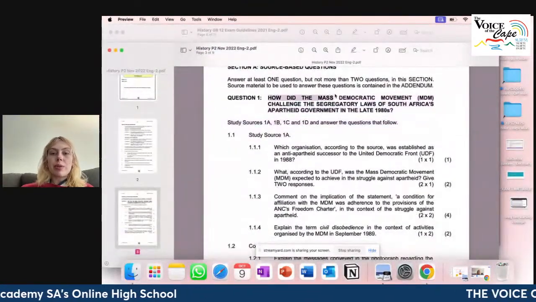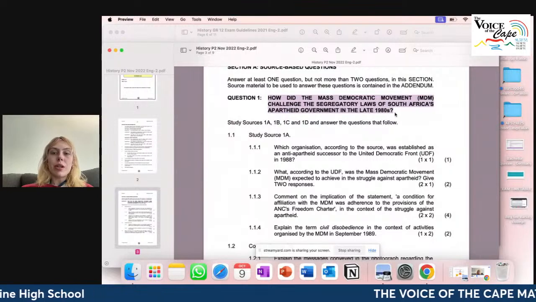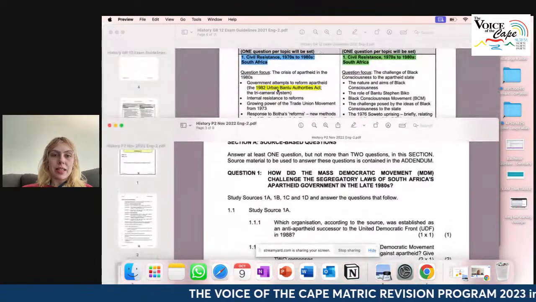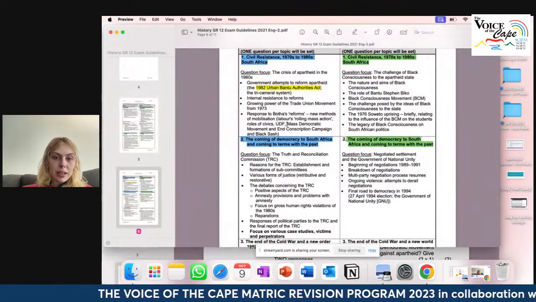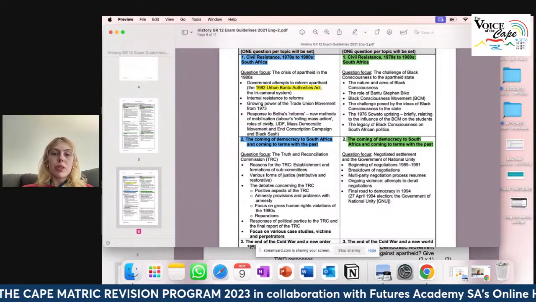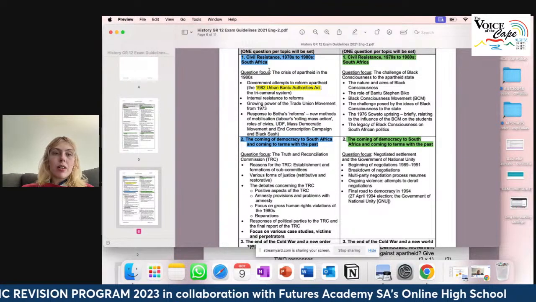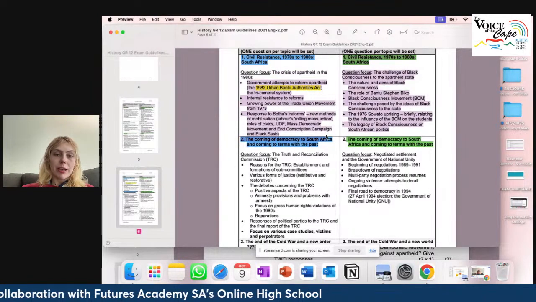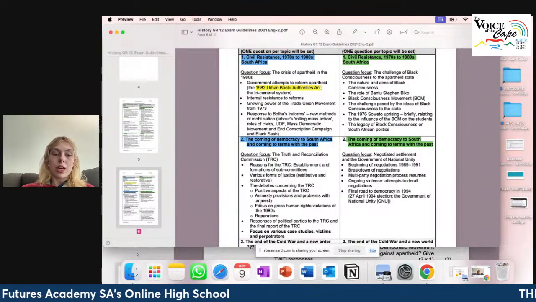So, how did the mass democratic movement challenge the segregatory laws of South Africa's apartheid government in the late 1980s? And then you'll see here, here's the mass democratic movement in the response to Botha's reforms. So the crisis of apartheid is just the question focus, and these are the things you need to know under them because they could ask you to focus on any one of these.